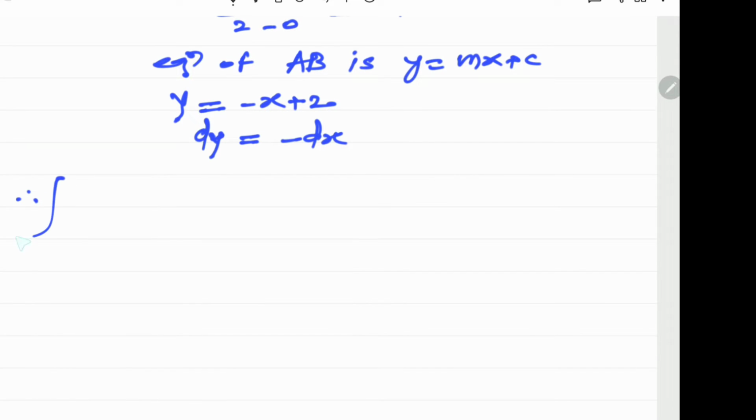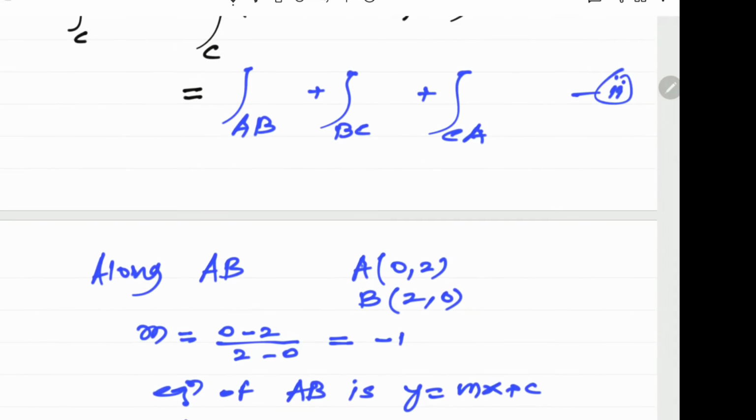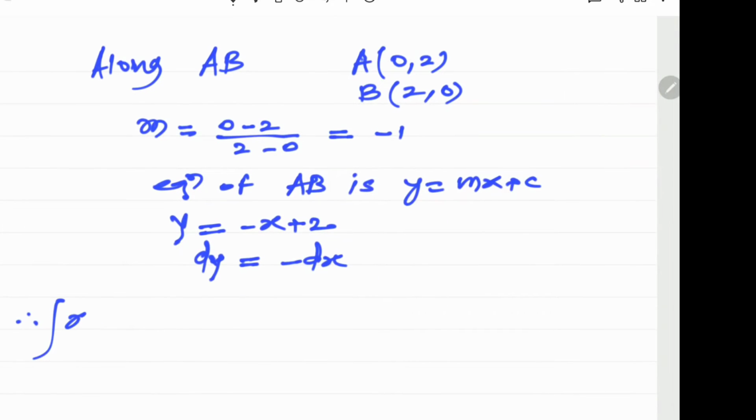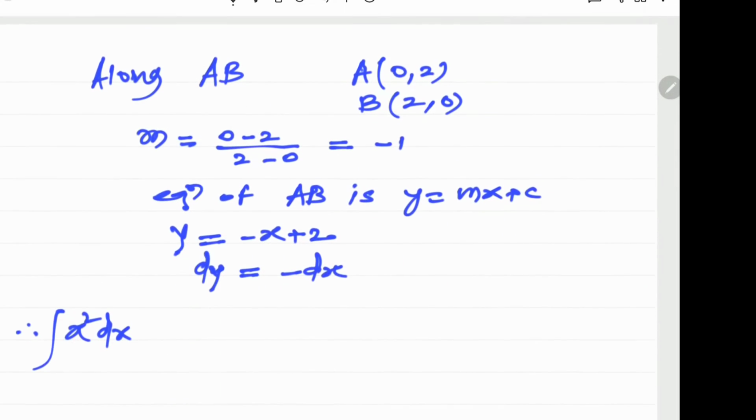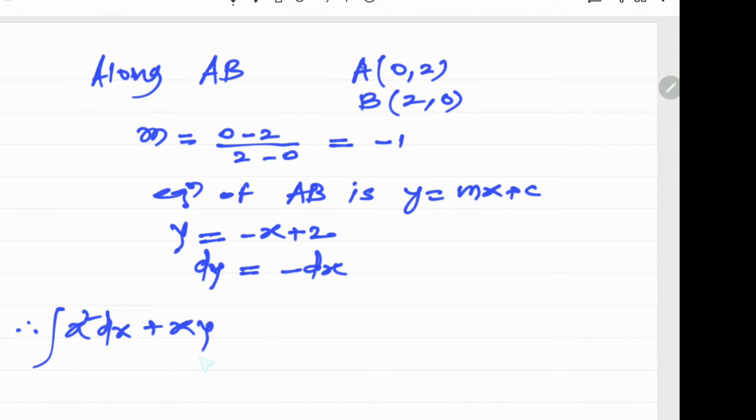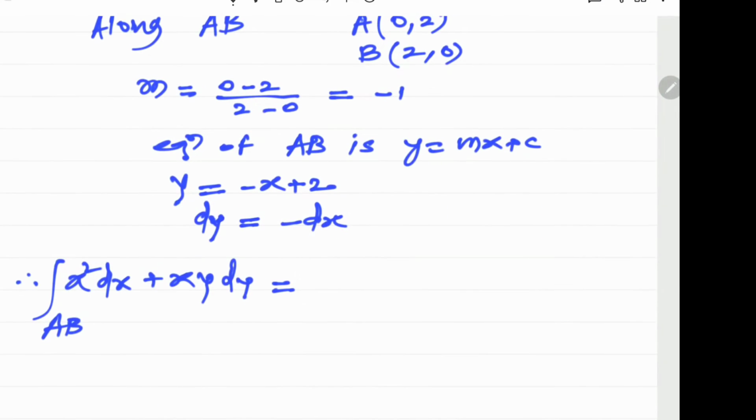Therefore, the line integration of x square dx plus xy dy over the curve AB is, substituting this information, x square dx, no change, and y replaced by 2 minus x, therefore x into (2 minus x), and dy is minus dx, into minus dx.